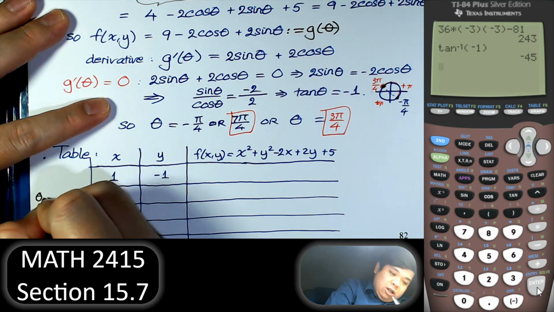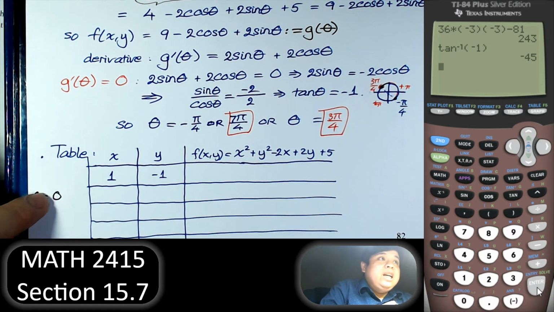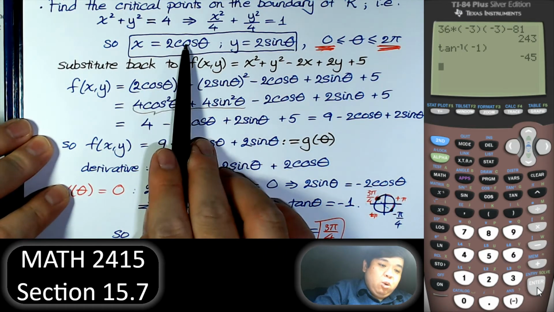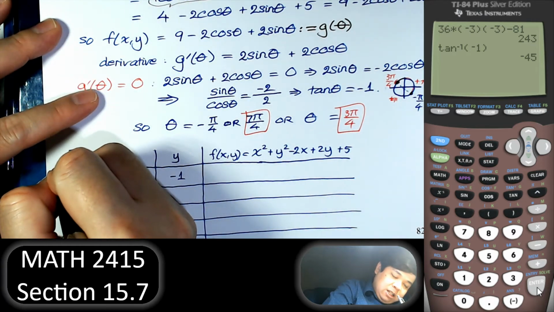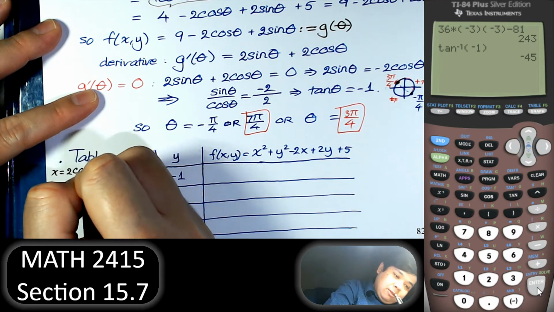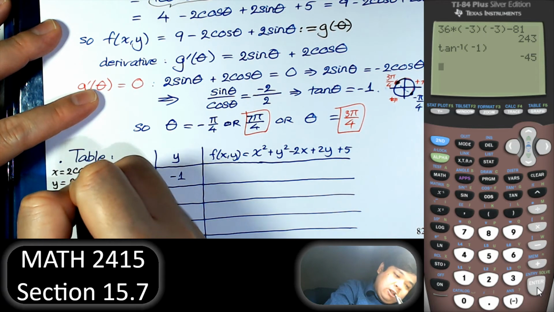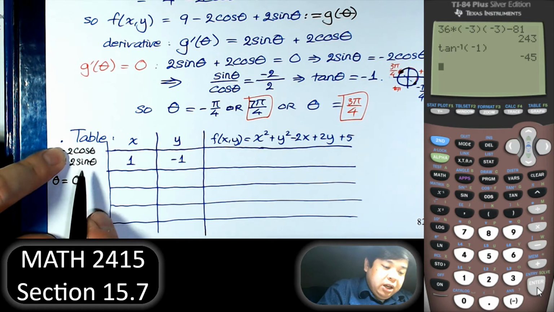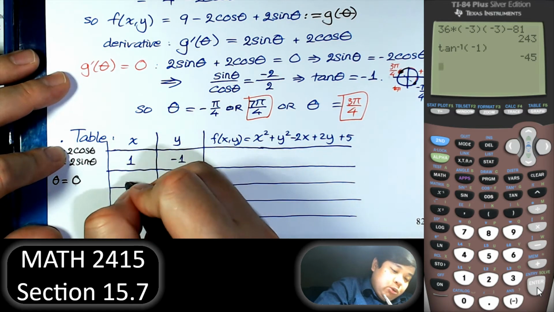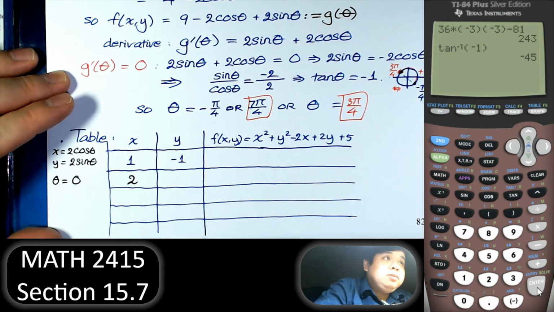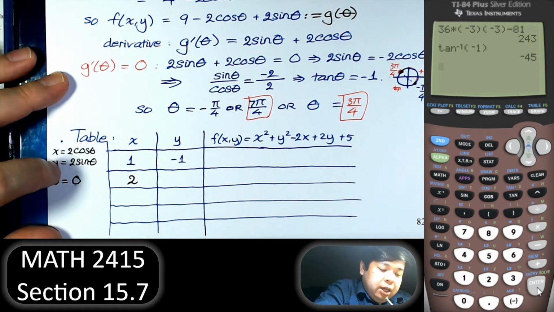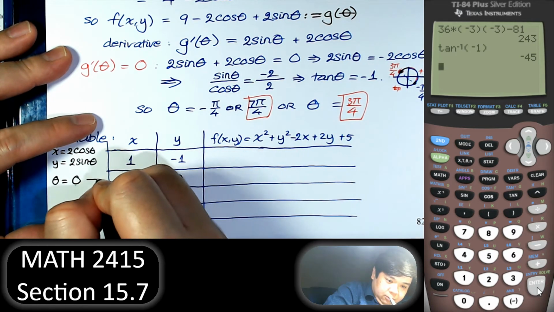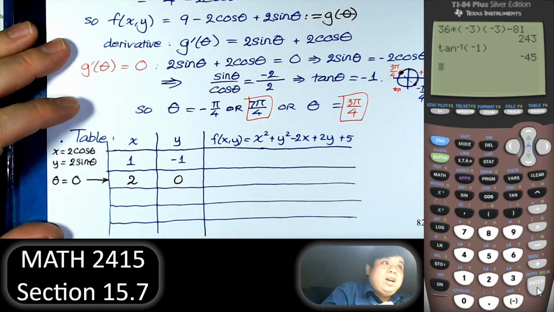So at theta equal to 0, x is 2 cosine and y is 2 sine. Theta equal to 0, put 0 in here. 2 cosine of 0 is 2, and 2 sine of 0 is 0.